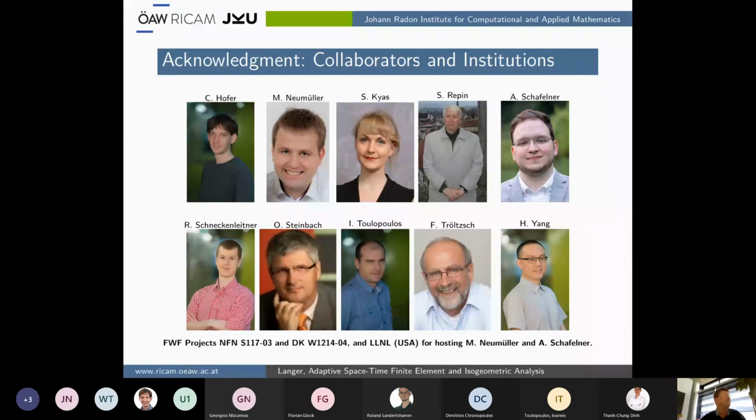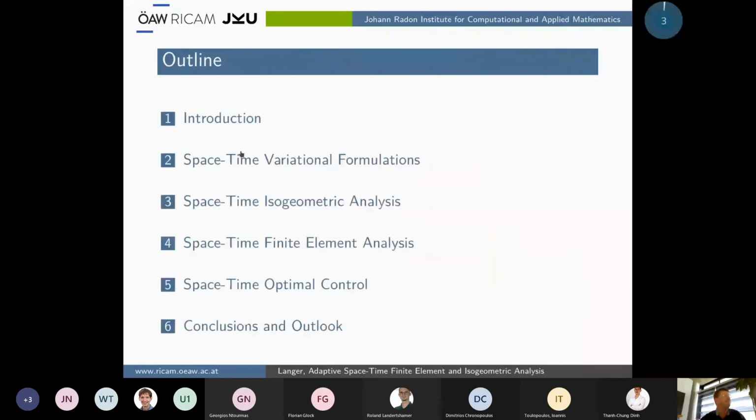There is an outline of my talk. After an introduction, I will go to variational formulation. There's a lot of mathematics here. Then I introduce to you this new isogeometric analysis, but for space-time setting. And I'm very sure today almost all the commercial codes like Abaqus, ANSYS, Nastran use a finite element technique, but maybe in 10, 20 years, you will only find isogeometric analysis there.